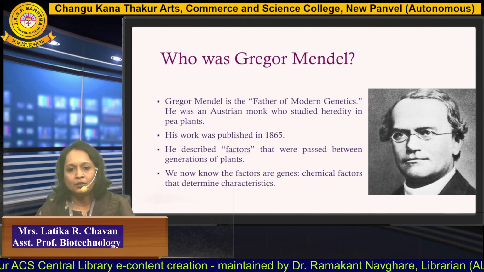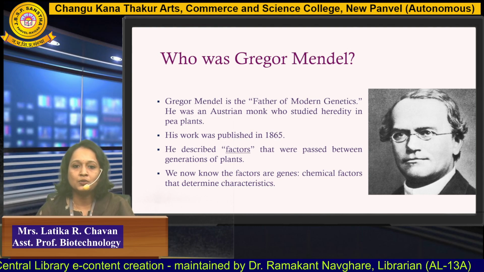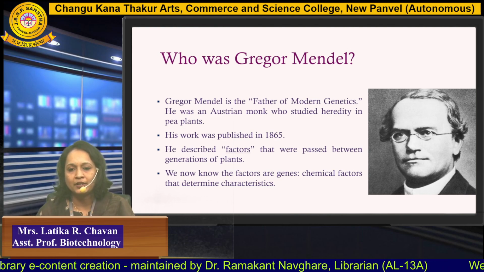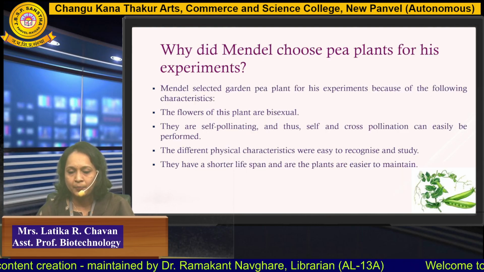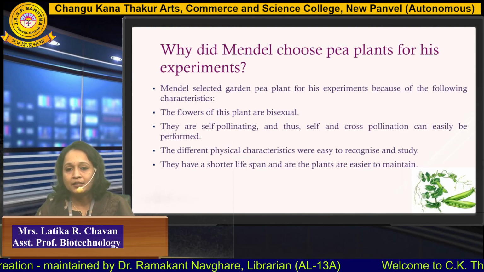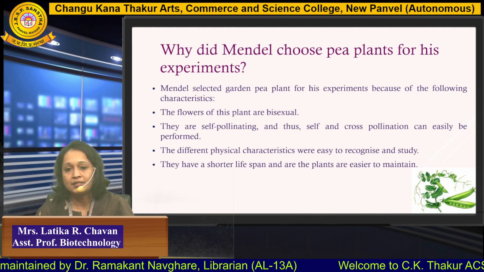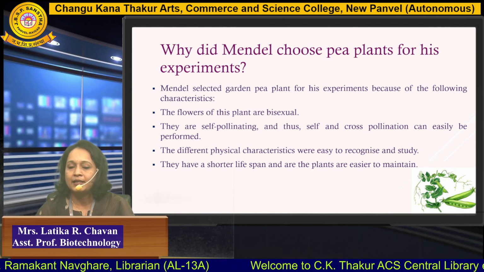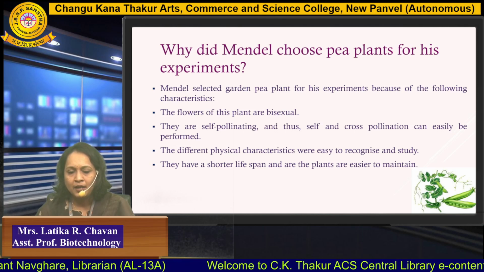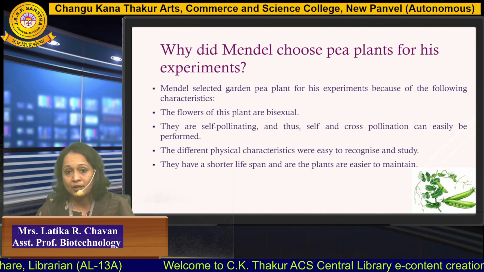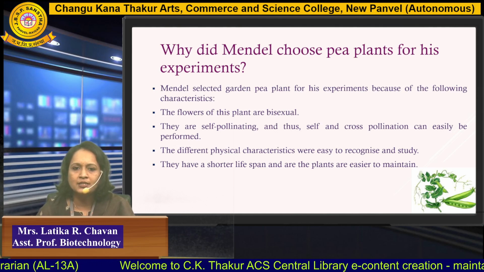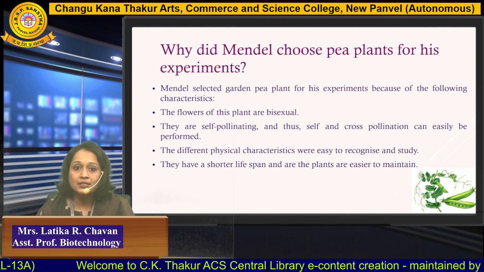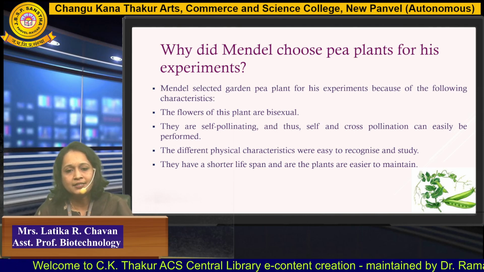So now we are not using the term factors, we are using genes for transmission of characters from one generation to the next. There are 7 contrasting characters in the model organism which was used for Mendelian genetics, which is the sweet pea, scientific name Pisum sativum. Its characteristics are that the plant is bisexual and self-pollinating.